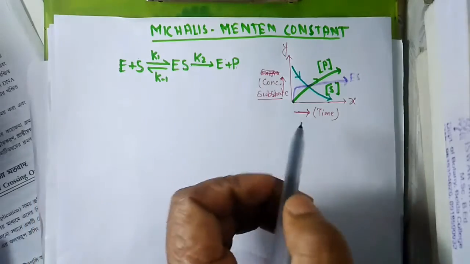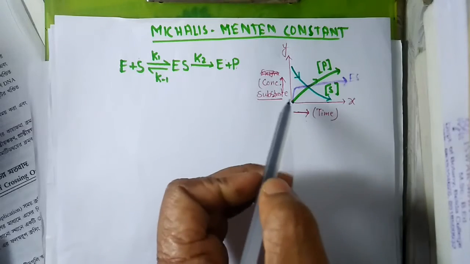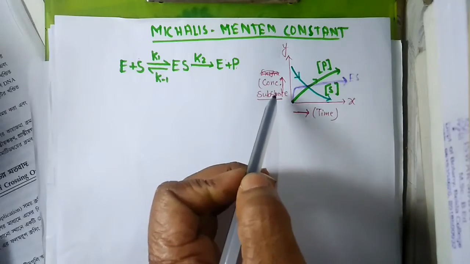Now we can see in the graph that the x axis denotes time and the y axis denotes the concentration of substrate.